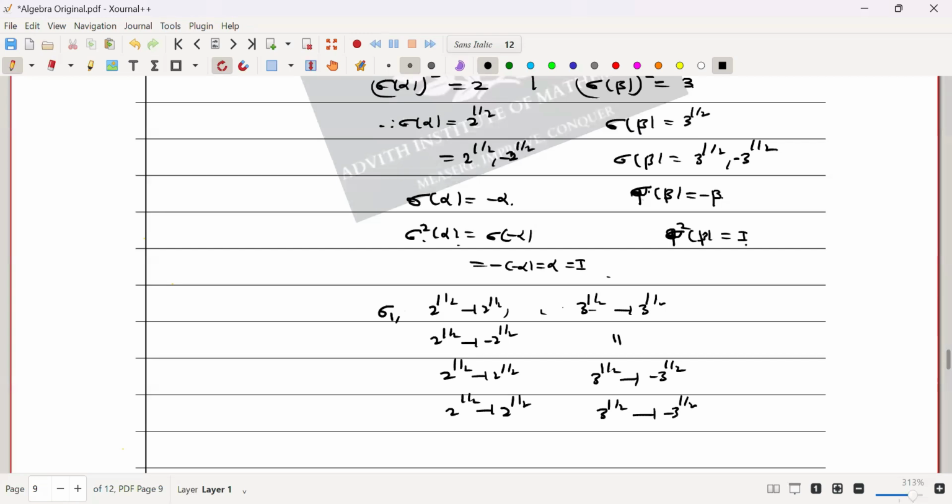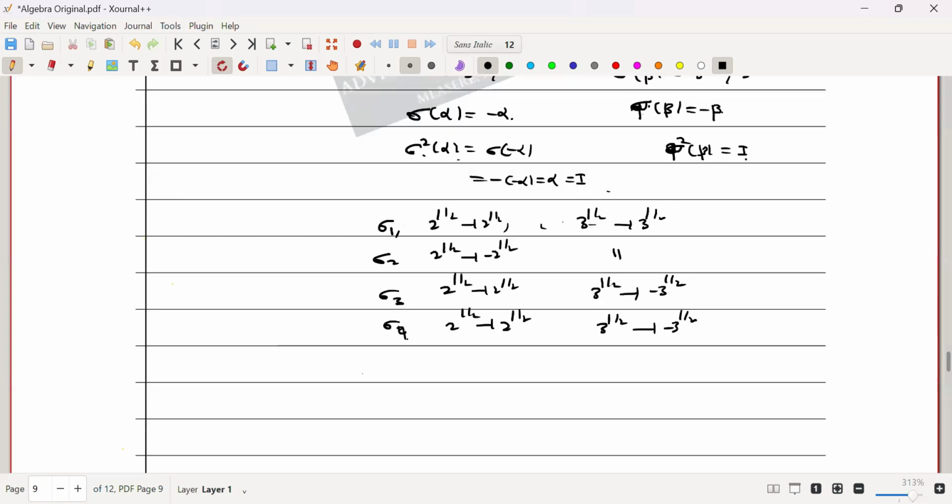So then you will get sigma 2, sigma 3, sigma 4. Therefore the automorphisms of Q root 2, root 3 over Q are sigma 1, sigma 2, sigma 3 and sigma 4.